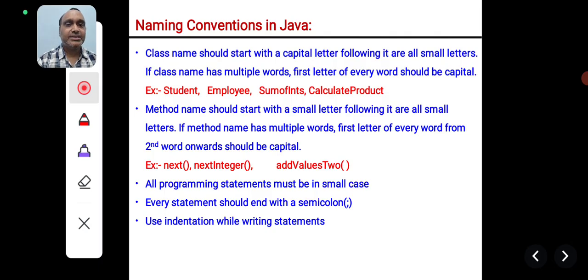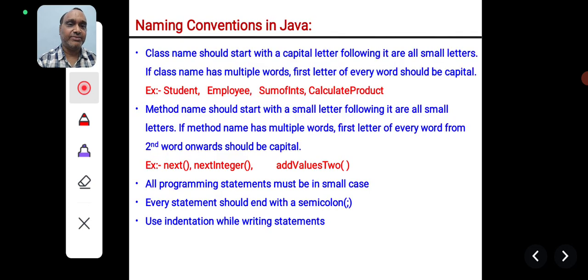So like this, there are some naming conventions for classes and methods, and there are certain syntax rules and semantic rules. Syntax and semantic rules are similar to the ones that we have studied in C language. So this is how you have to follow the conventions of the Java language.